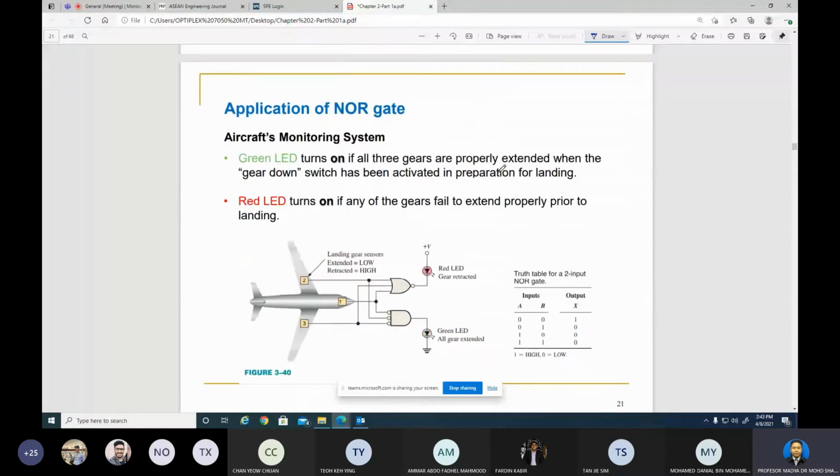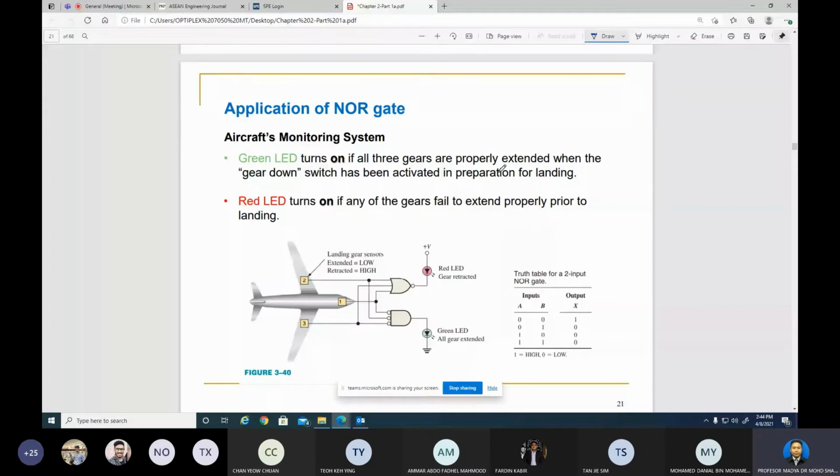So we go to some applications of the NOR gate. This is an aircraft monitoring system. The green LED turns on if all three gears are properly extended when the gear down switch has been activated in preparation for landing.